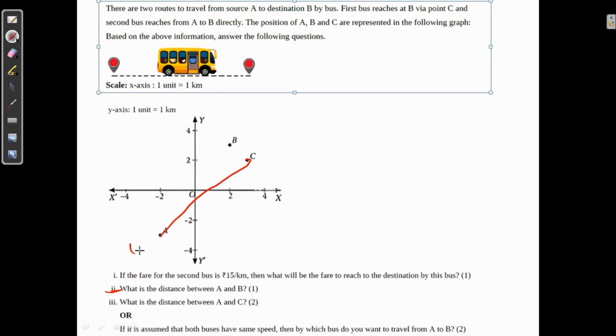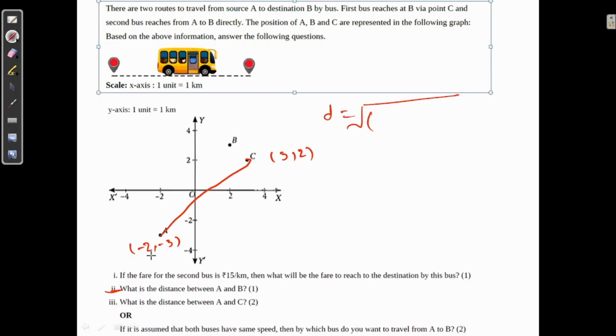The point A is (-2, -3). Point C, as you can see, between 2 and 4, 3 is there. In the x-axis it has traveled 2, so it will be (3, 2). We have to find the distance between A and C. Simple, we will apply the distance formula. I am not going to write the formula now.